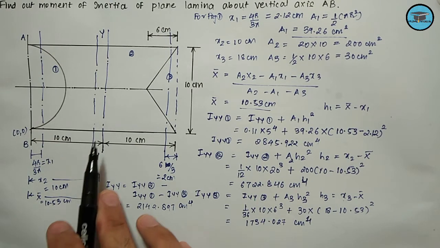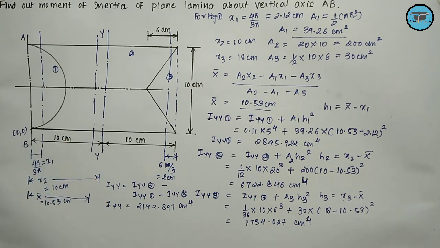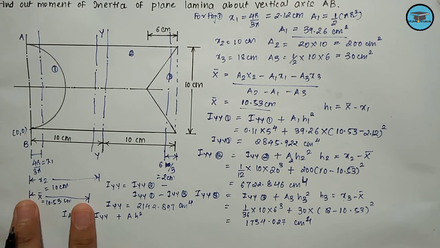Now we need to determine the moment of inertia about this axis AB. So the moment of inertia about this axis AB can be given with the help of the parallel axis theorem, that is IAB is equal to Iyy plus area of the plane lamina into the square of the distance between these two, okay, and the distance between these two axes is nothing but x bar.